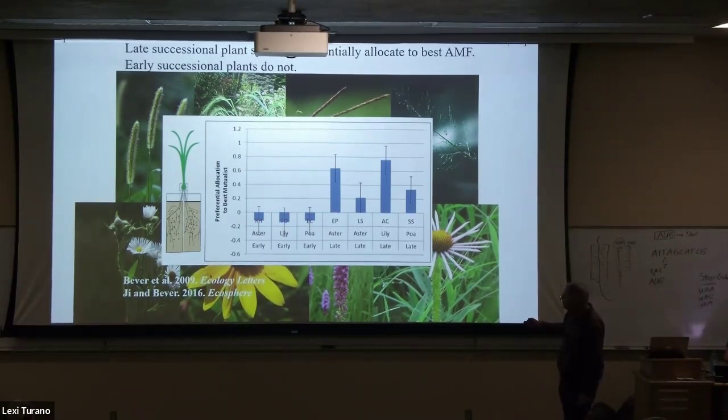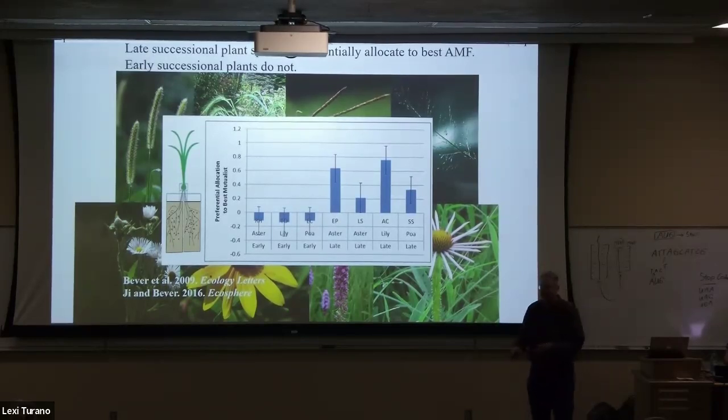So consistently, the early successional plants are not able to allocate preferentially to the best fungus, while the late successional plants are able to allocate preferentially to the best fungus. So from this, we would expect that these late successional plants should be increasing the best fungus in their roots, and that should generate a positive feedback.